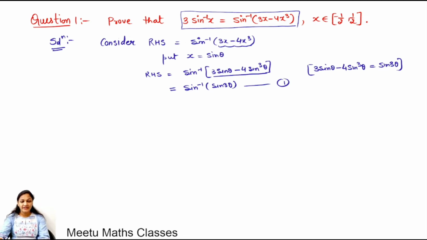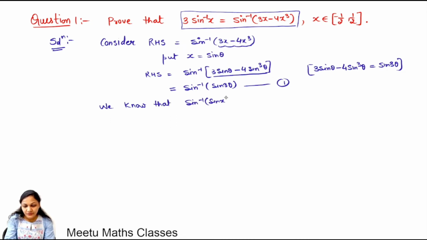Now we know that sine inverse of sine x is equal to x for all x belonging to the closed interval minus pi by 2 to pi by 2.